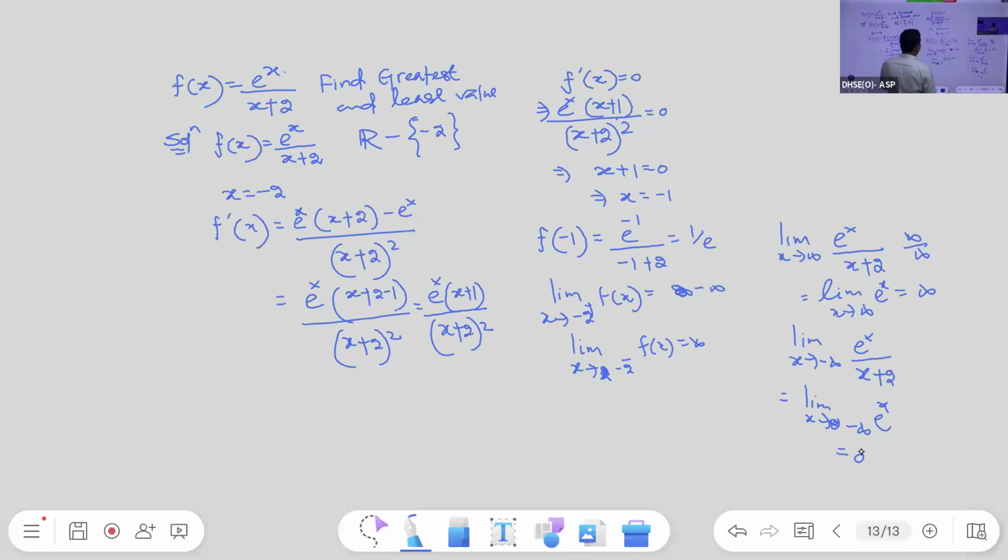So the global maximum and global minimum value on the entire domain of the function doesn't exist. Global extremum doesn't exist.